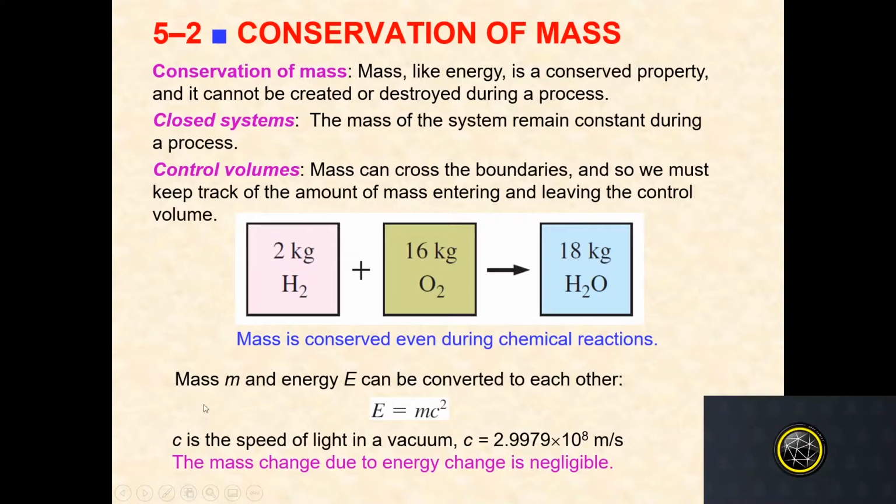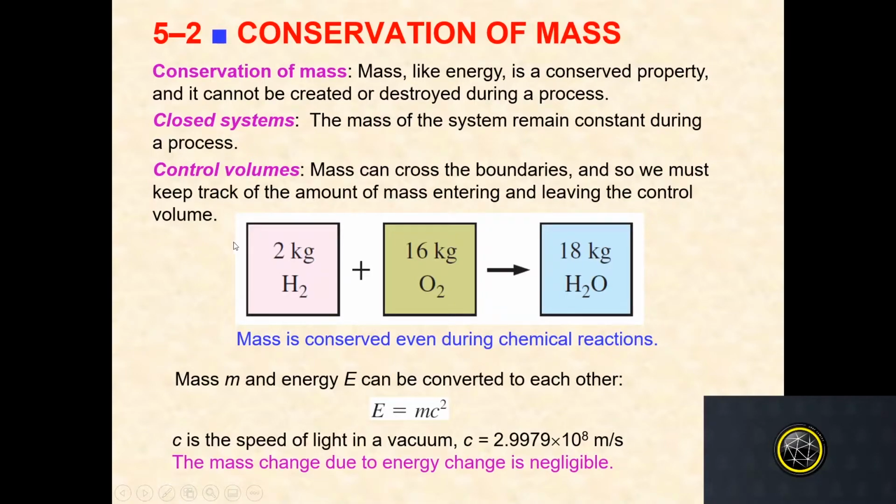For this kind of case, m in and m out are not necessarily the same, unless it is a steady case. In a steady flow, m in equals m out, so the change in mass in a particular time remains constant.